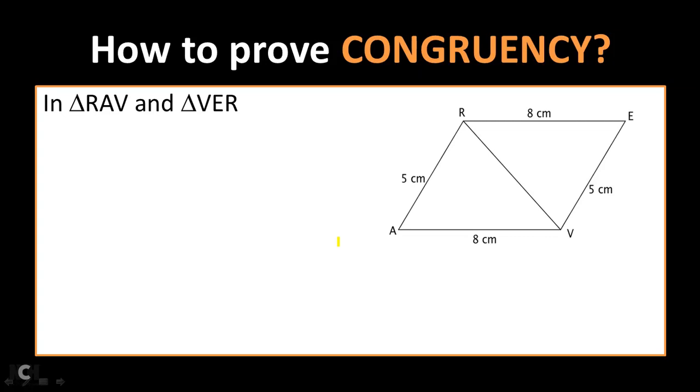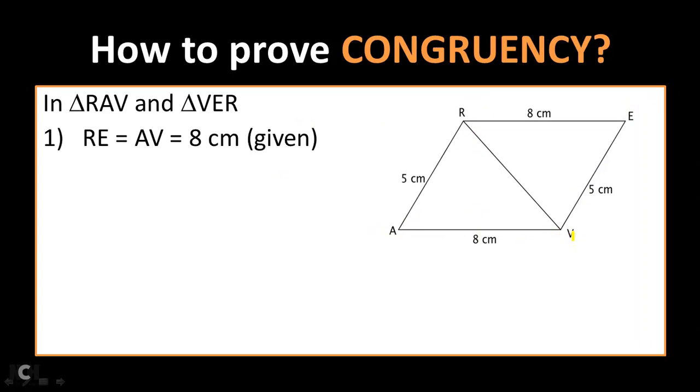So now we want to note down the sides or the angles that are equal to those in the other triangle. The first thing that we will see here is that line RE, which is 8 centimeters, equals line AV of the triangle RAV.